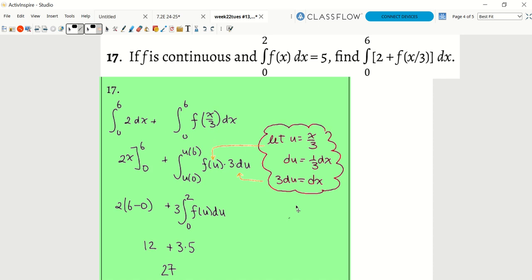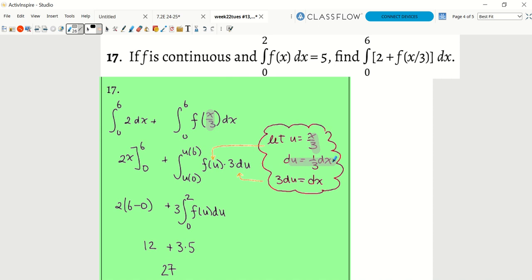Now 17, same idea. Using the addition subtraction property of integrals, this becomes this. The antiderivative of 2 is 2x, and because this is not a clean x, we're going to use u substitution.